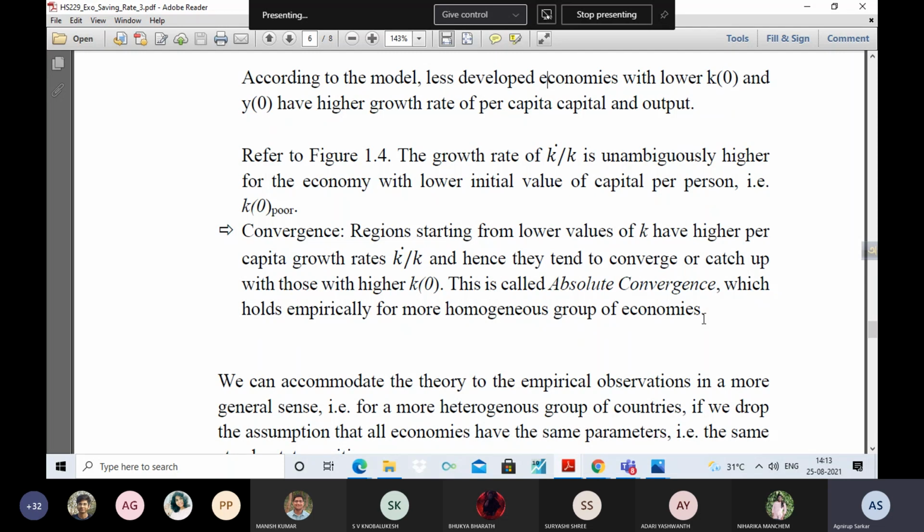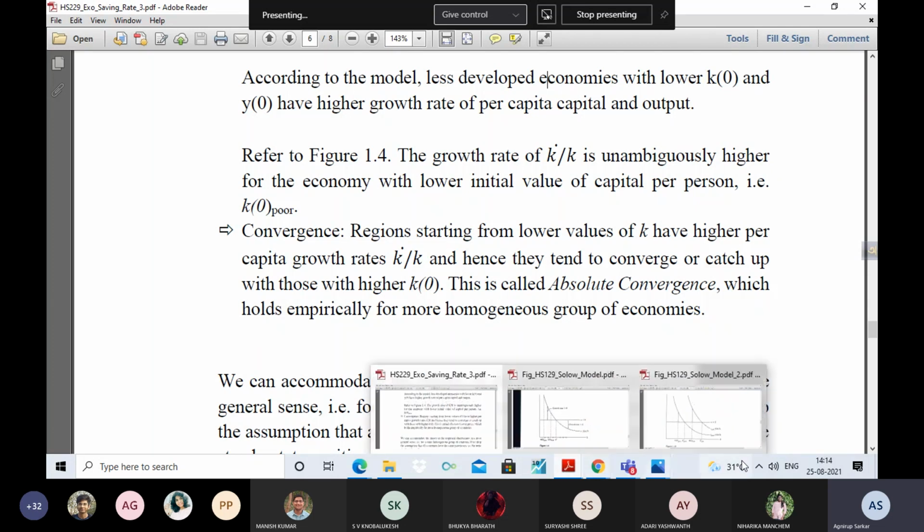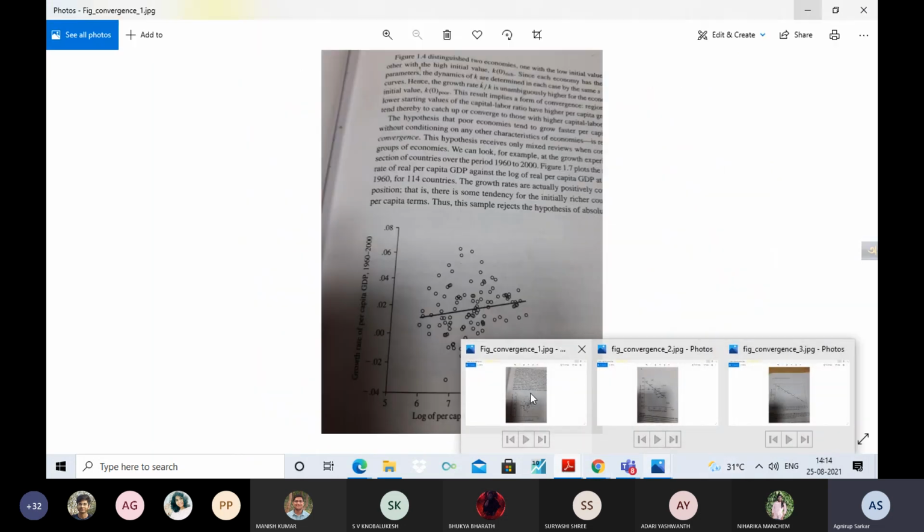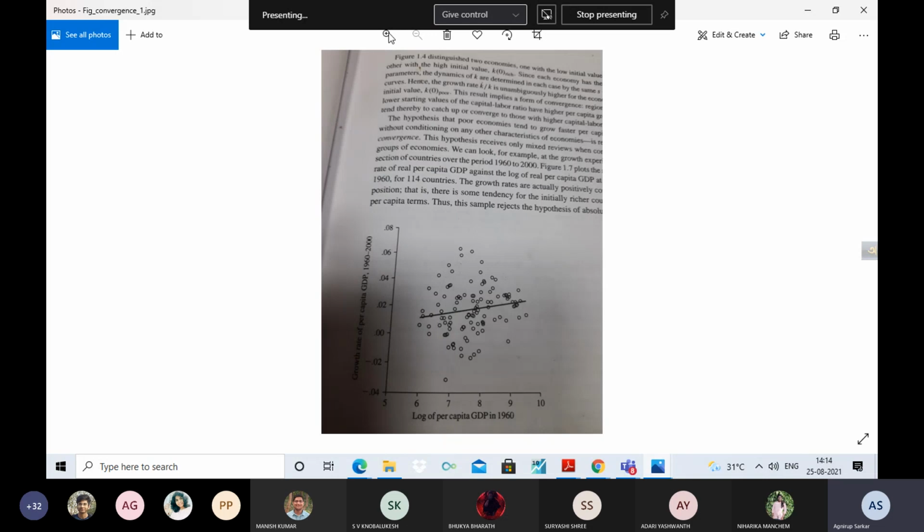Now, we can, for example, look at the growth experience of a broad cross-section of countries over the period, I think this is 1960 to 2000. I'll just show you the data. I'm just zooming this a little bit.